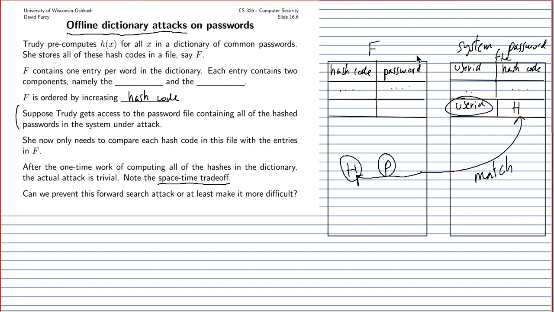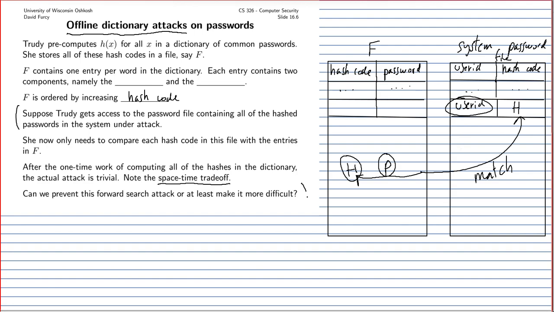But thanks to the space that she was able to use, she speeds up the search, because every time she looks for a particular hash code, it takes almost no time to look into that file since it's been sorted according to the hash code. So in particular, she's trading space for time, because she was willing to use a lot of space to reduce the time it will take to find a match.